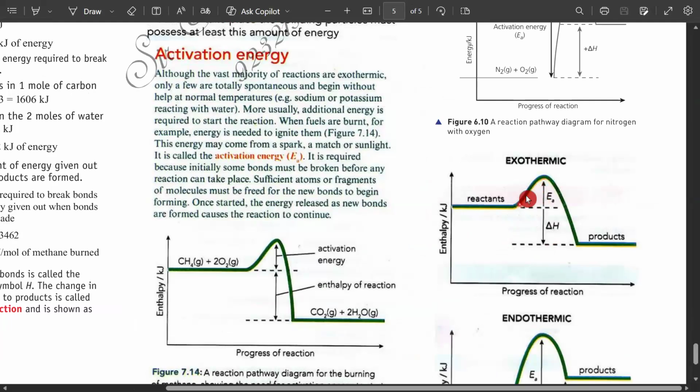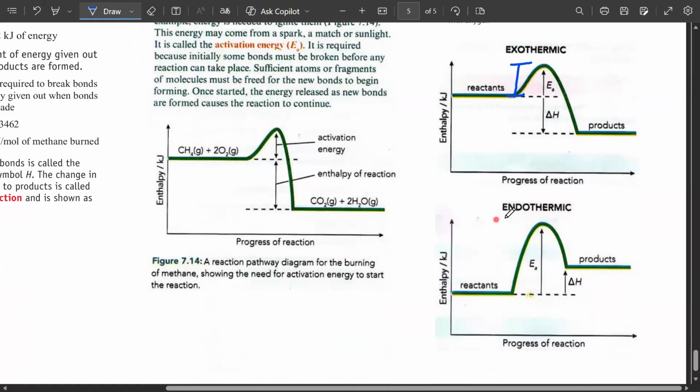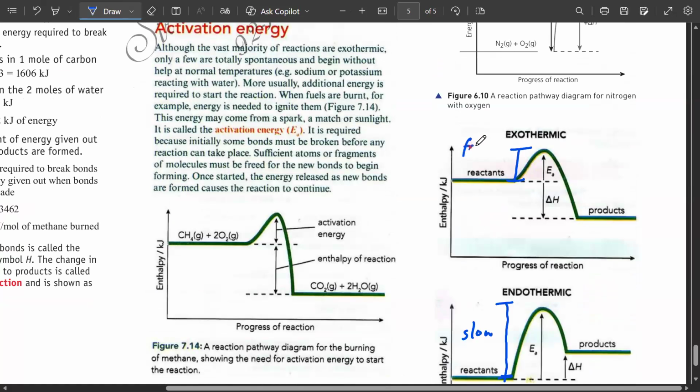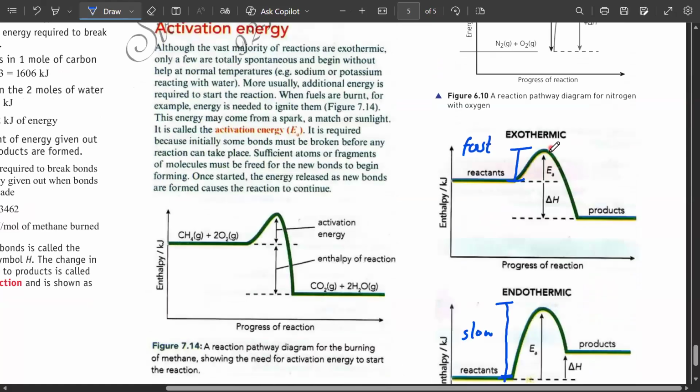If there is a smaller peak value compared to the reactants, then less energy is required by the reactants to pass through. Just like in exothermic, there is just a smaller energy difference, but in the case of endothermic, there is quite a large energy difference. That's why we can say there will be a slow reaction in the case of endothermic, and a fast or vigorous reaction in the case of exothermic because of the smaller value of the activation energy.